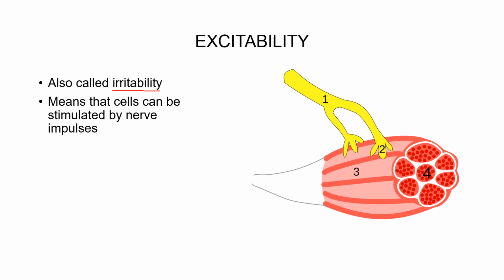And even though we haven't studied neurology quite yet, we know that nerves carry electricity or electric currents, and we can actually take that electric current and shock the muscle cell or the muscle itself. And when the muscle is shocked, it actually contracts, which will be our next bullet point.